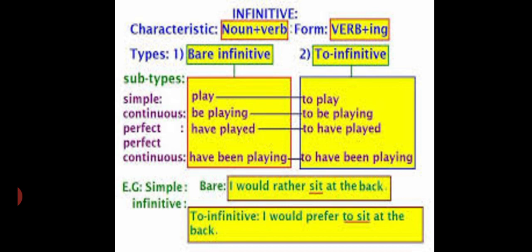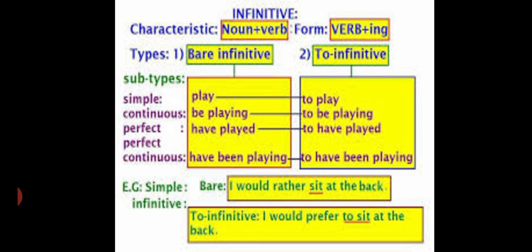Like characteristics of the infinitive is that it'll be in the form of to plus verb or verb plus ing form. Like for bare infinitive, play, and if we change it to to infinitive, it will become to play. For the continuous tense, be playing, it will be to be playing.